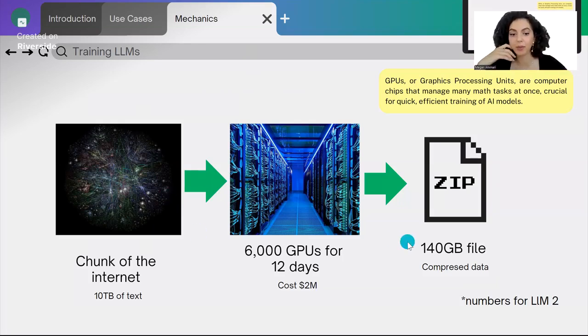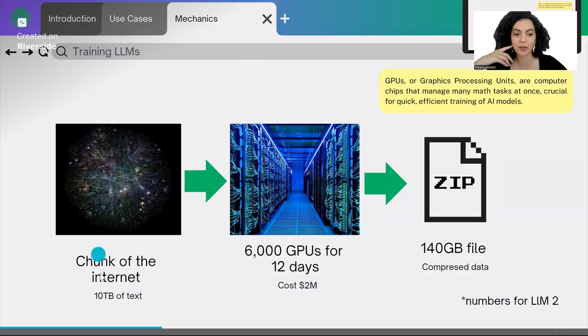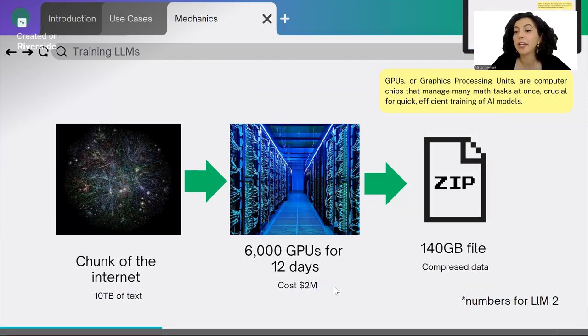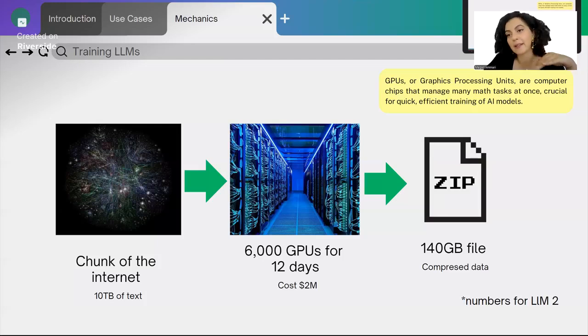So in this example, for a large language model, they process quite a bit of the internet, and it took 6,000 GPUs over 12 days, which cost $2 million, which is why you'll find a lot of AI applications just on the backs of existing large language models.